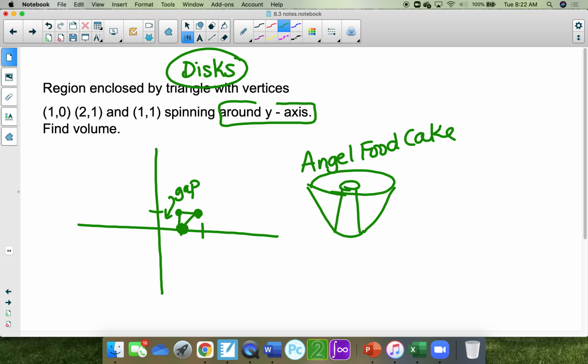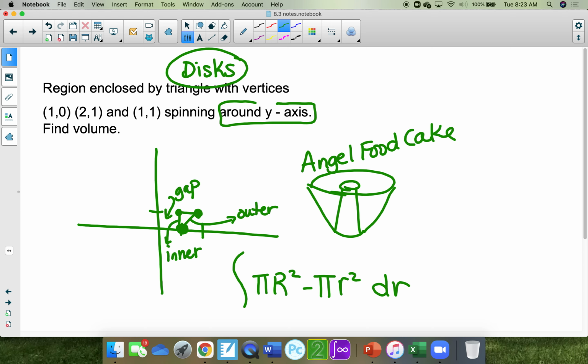Okay, first of all, since there is a gap, we need to integrate, and we need to have a bigger outer radius and a smaller inner radius. So the outer radius is this line. That's the outer one, and this is the inner one. So the equation for that one is a vertical line at x equals 1.